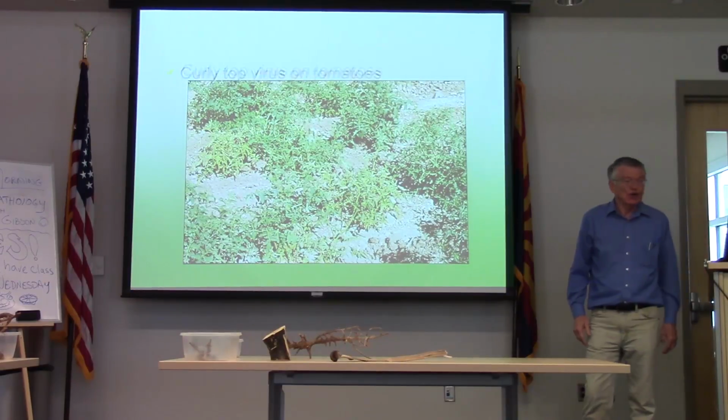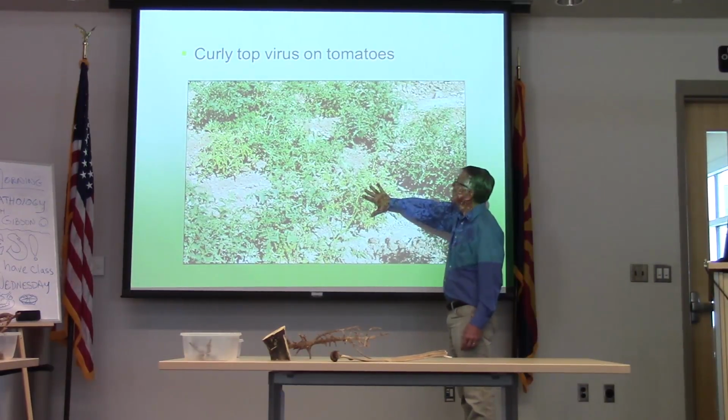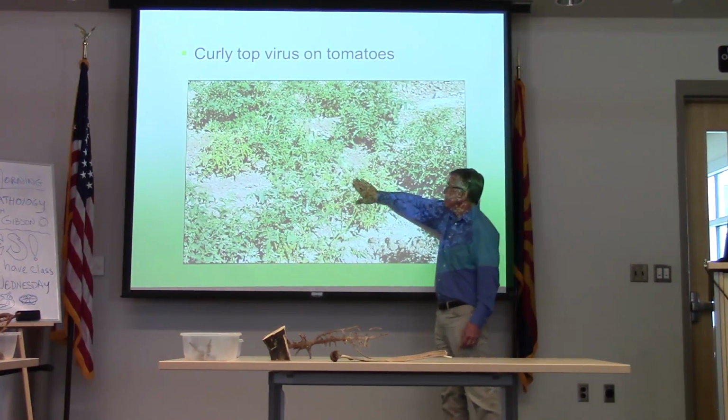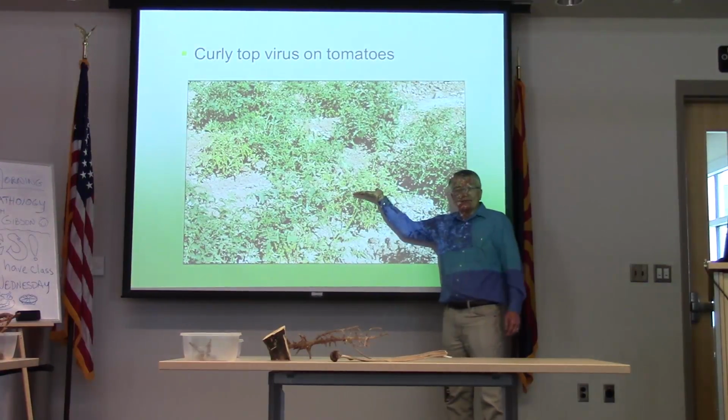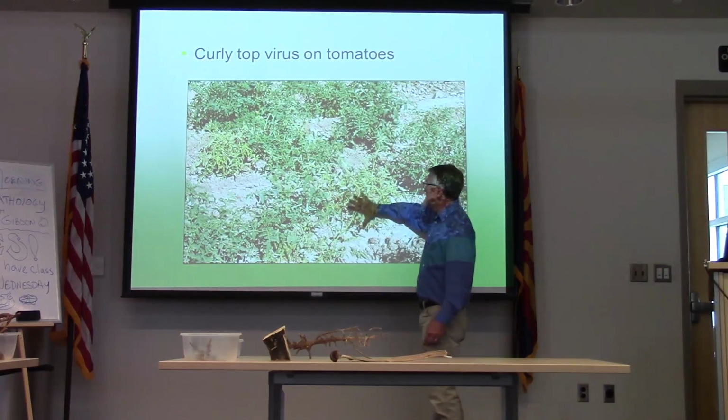And this is curly top virus on tomato. We get a yellow stunted vine, and a lot of times the leaves will invert themselves and curl up. And it's a very significant issue.